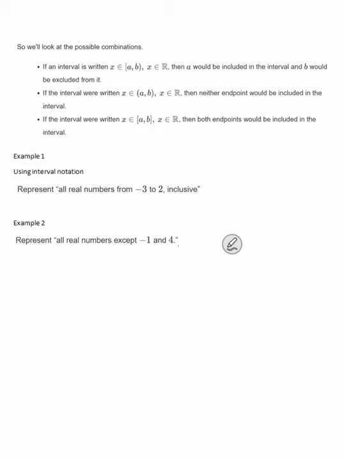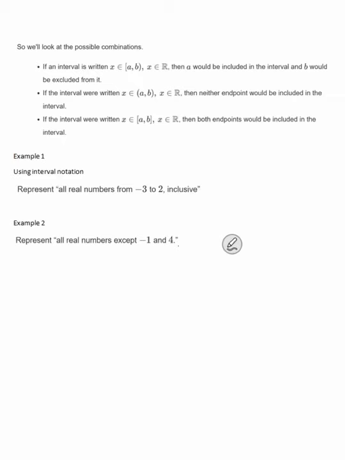So if you've been following along, this is kind of just a recap. All the possible combinations that you can have for interval notation. If an interval is written x is an element between a, b, this way, then you would know that a would be included in the interval and b would be excluded from it because of the formatting of the brackets.